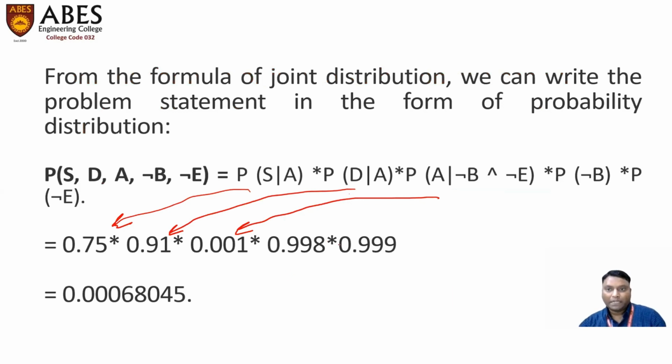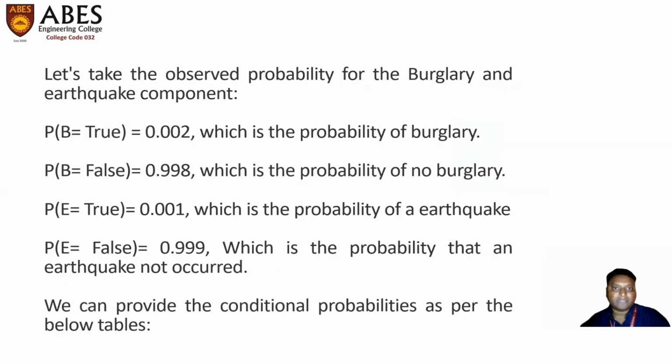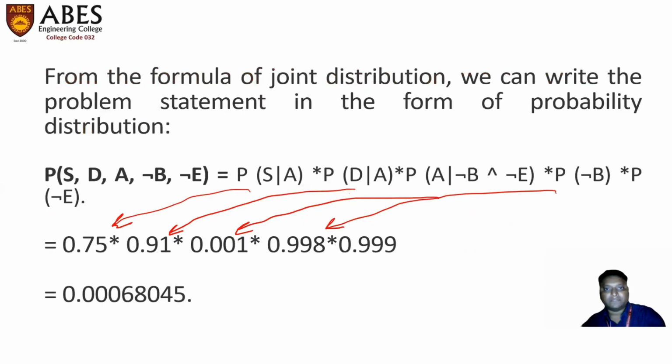Now multiply this by probability of not B. Not B, that means 0.998. So this value is given like this: probability of burglary to be false is given as 0.998, and probability of earthquake to be false is given as 0.99999. So we have multiplied all these values.